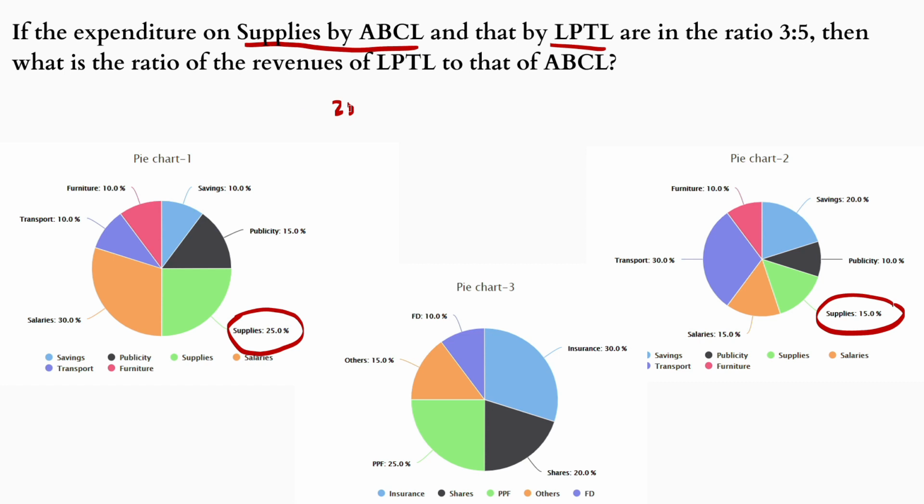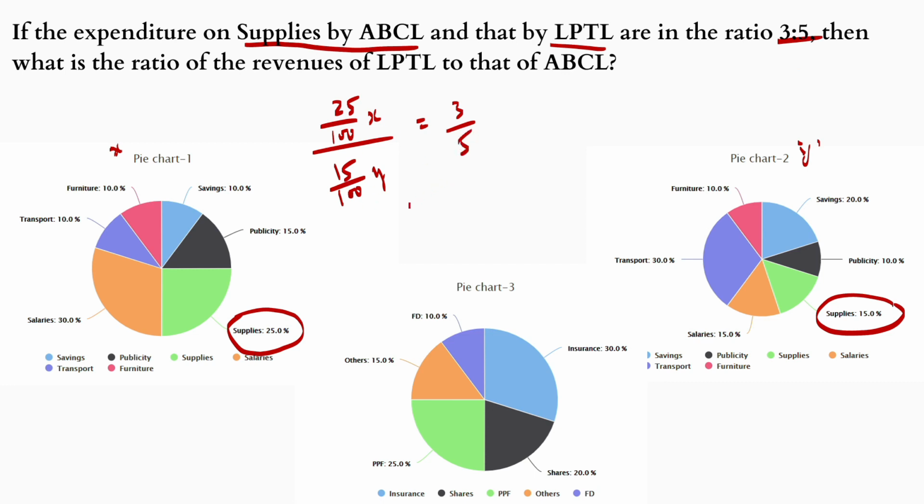So 25 by 100 of X. Here we are assuming the revenue of company A as X and revenue of company B as Y. So 25% of X by 15% of Y is equal to the ratio, which is 3:5. So 3 by 5.